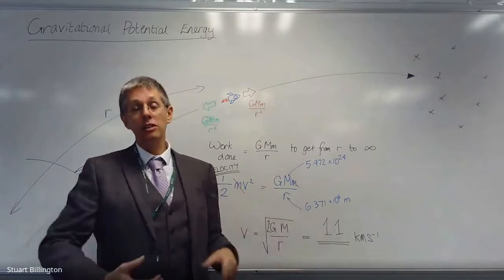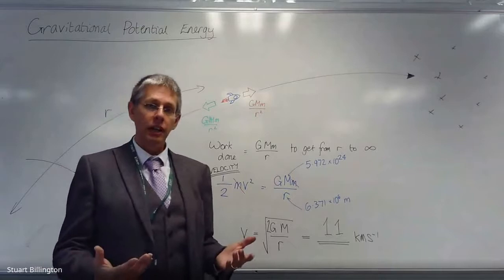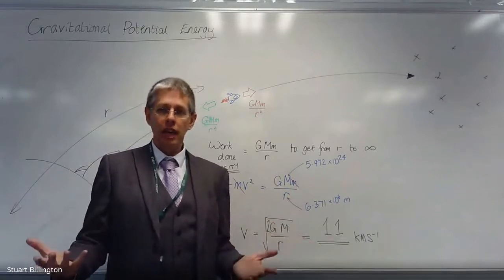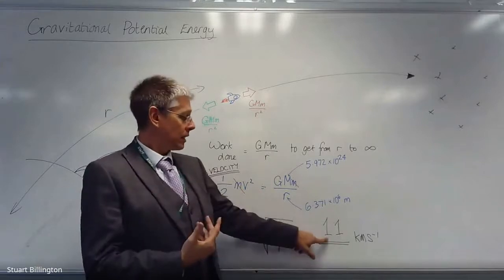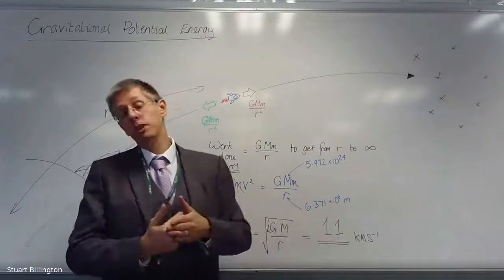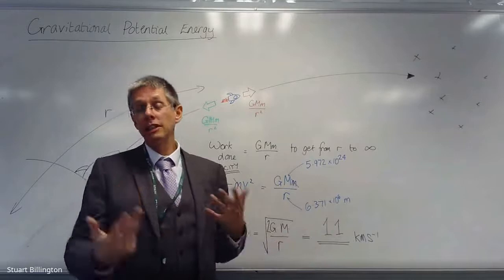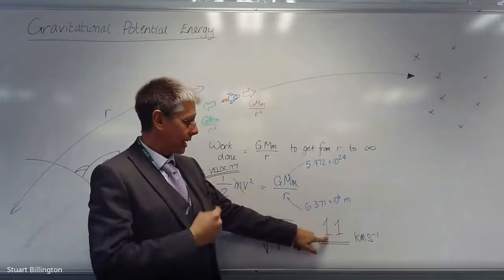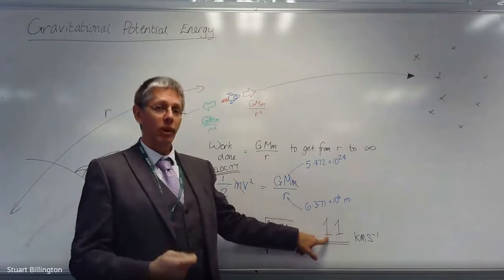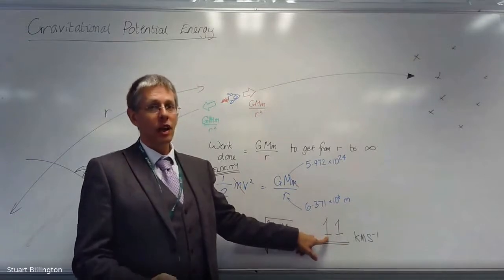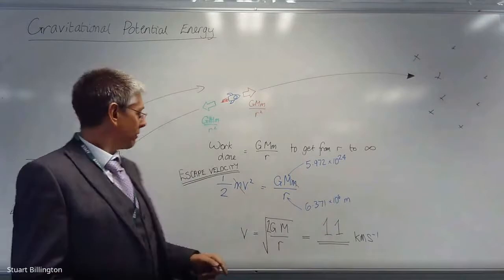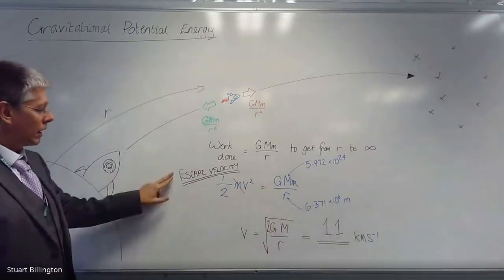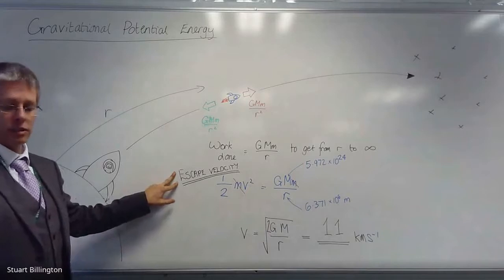Jupiter, on the other hand, has such a big escape velocity that it's basically a big ball of atmosphere, because the gas can't escape, and Jupiter's that bit further away from the sun, so there's less thermal energy there. So this escape velocity is actually more important for whether planets have atmospheres or not than it is for launching space rockets into space. Okay, that's under the heading of escape velocity.